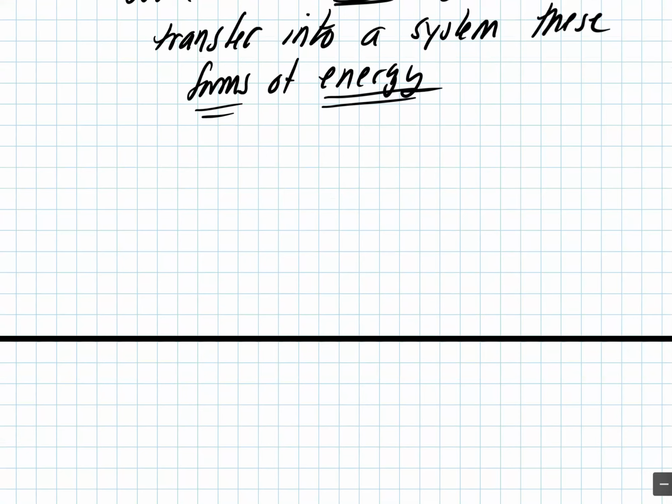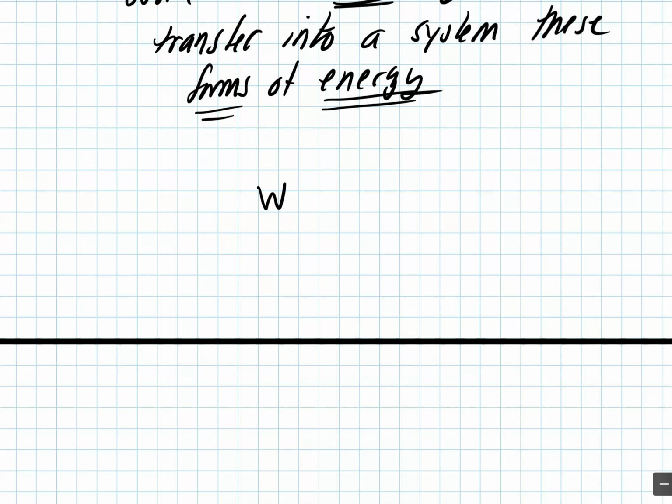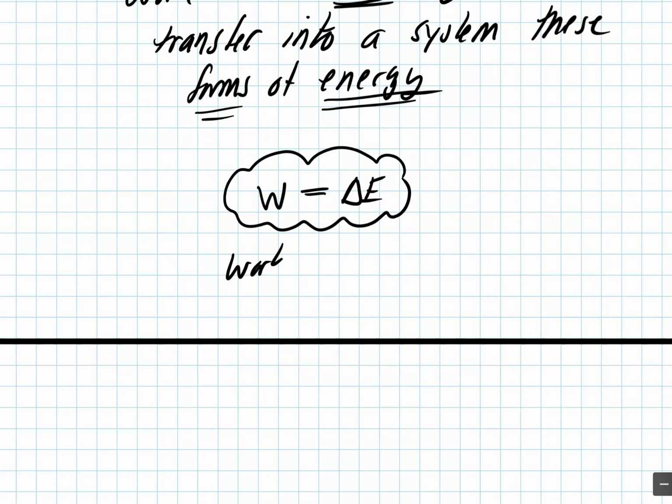So this is the idea. This is what this means: work is energy transfer. That's what these symbols are saying. Work is energy transfer, sometimes into a system. If you do work on a system, you are literally taking energy from you and you're putting it into this thing.